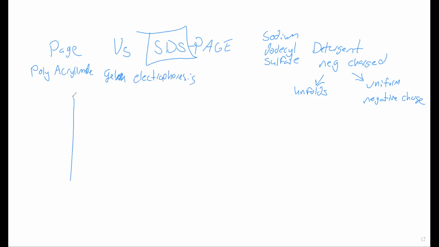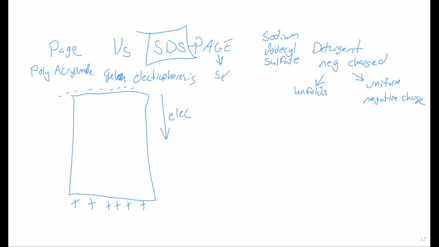So in both of these techniques, you have a gel that's made out of acrylamide, and you use electricity, where you usually have the positive end down here and the negative end here. So in SDS-PAGE, since everything's unfolded and everything has a negative charge, the proteins only separate by size.